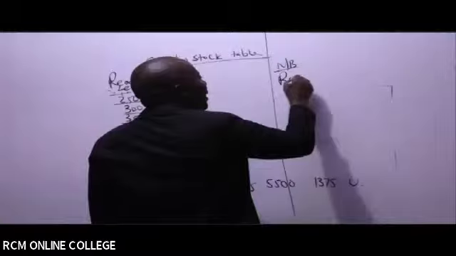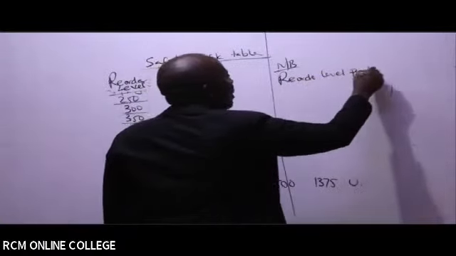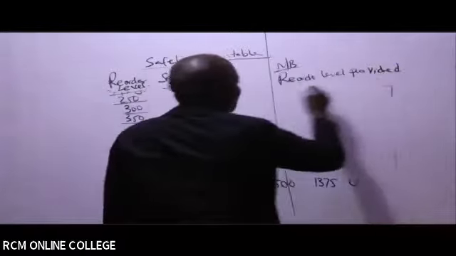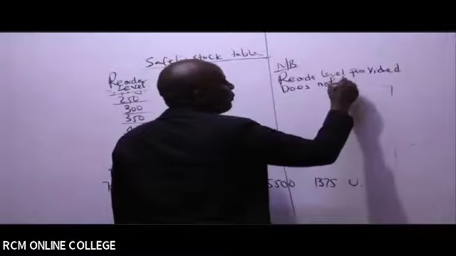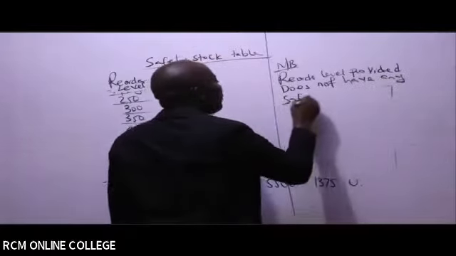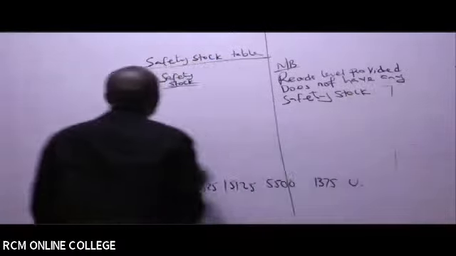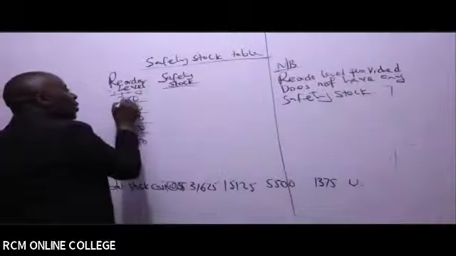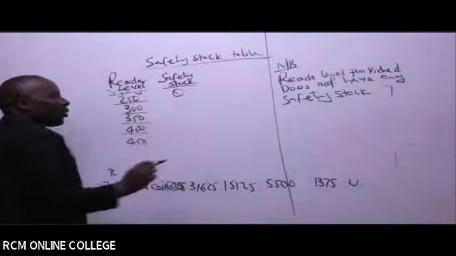The reorder level provided in this kind of question does not have any safety stock. So meaning that where you are beginning from, safety stock is normally 0.